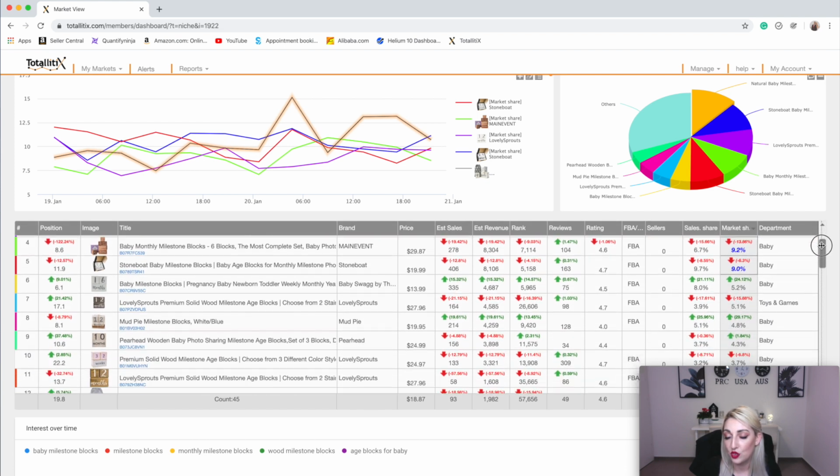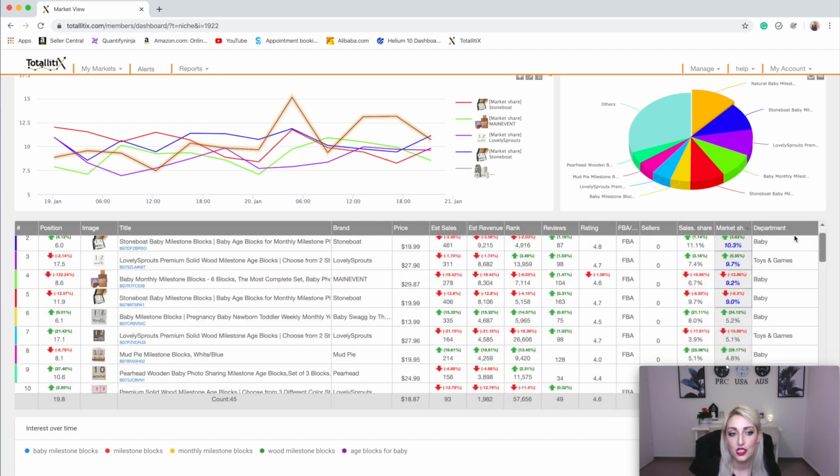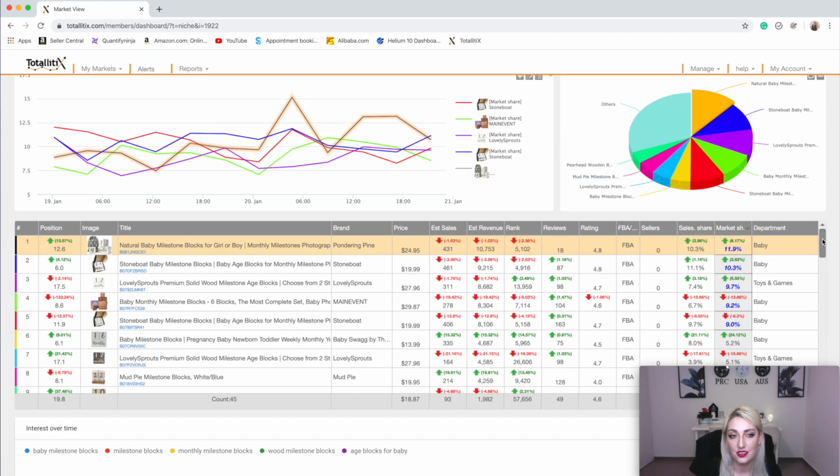So it also helps you to really get a bird's eye view again of what department is right for the product. So something that I think is amazing about this, you know how sometimes you're thinking about getting into a niche, and that specific niche has different types, like let's say you want to sell a water bottle, okay, horrible product that you really shouldn't sell, and you're looking to sell a 2-pack of a water bottle.